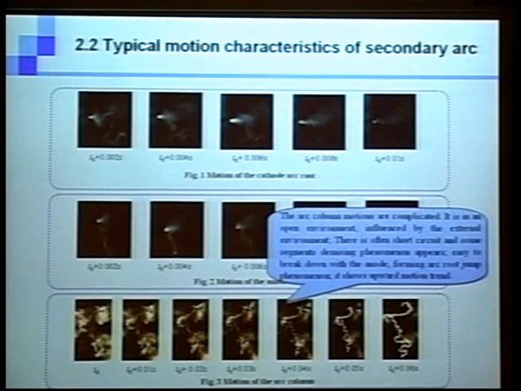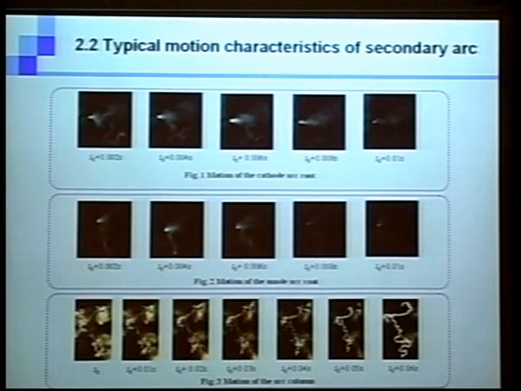There's often a short circuit and some segment diminishing phenomena appear, easy to break down with the anode forming arc root jump phenomena. It shows upward motion trend. This figure just gives you examples, because we have recorded many pictures.